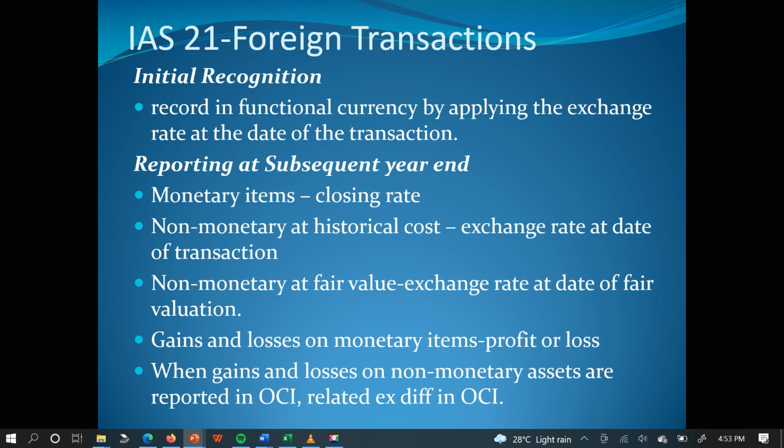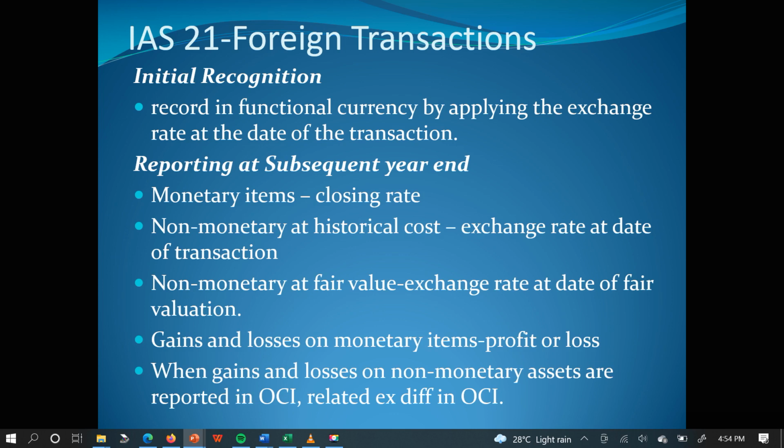But when gains or losses on non-monetary assets are reported in OCI, their related exchange differences are also reported in OCI. So if you buy an asset which is to be revalued, it means your revaluation gains and losses will go to OCI. Revaluation surplus is to equity, OCI.